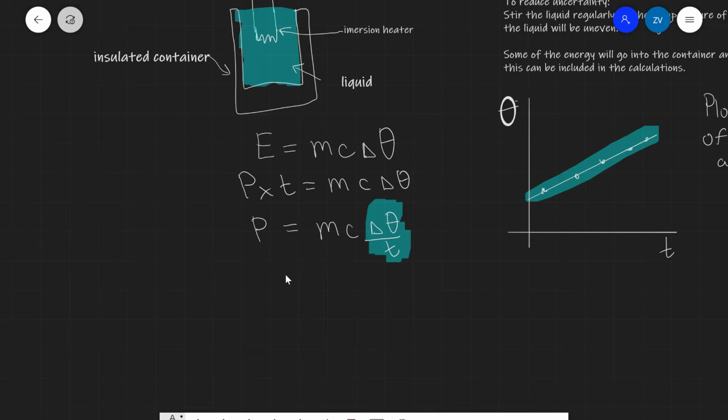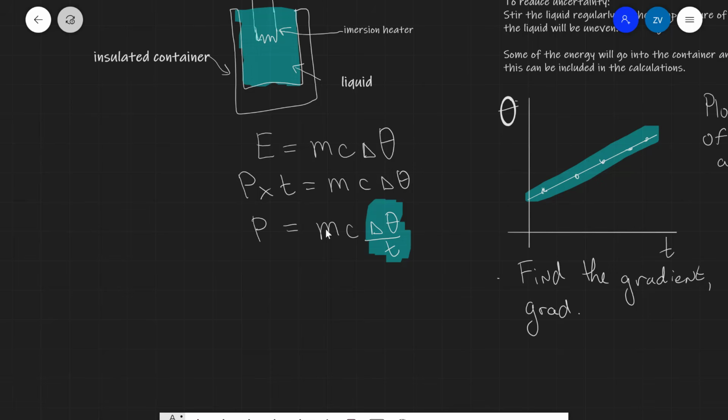So delta theta, the rate of change of temperature, will be the gradient of the graph. So let's write down that we're going to find the gradient. I'm going to call the gradient m. Actually, let's call it a different symbol, because we already have an m in this equation which stands for the mass. Let's just call that grad.